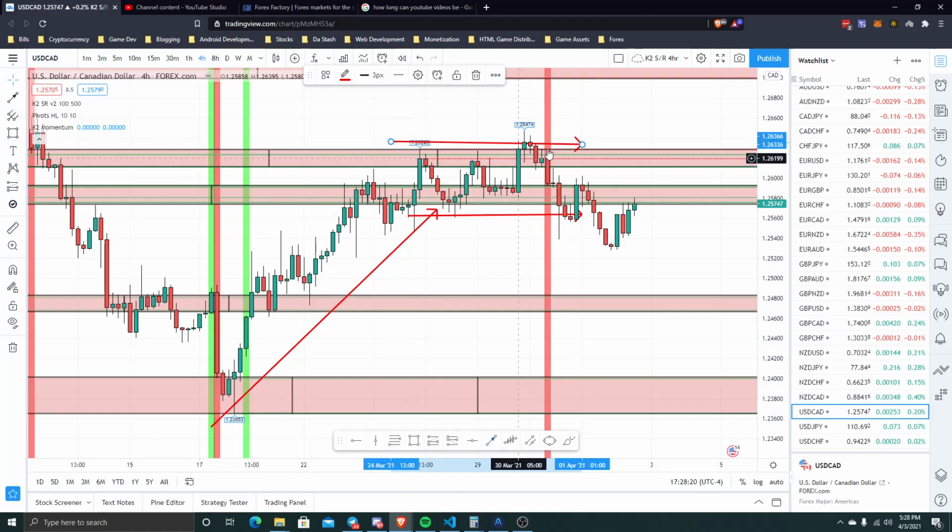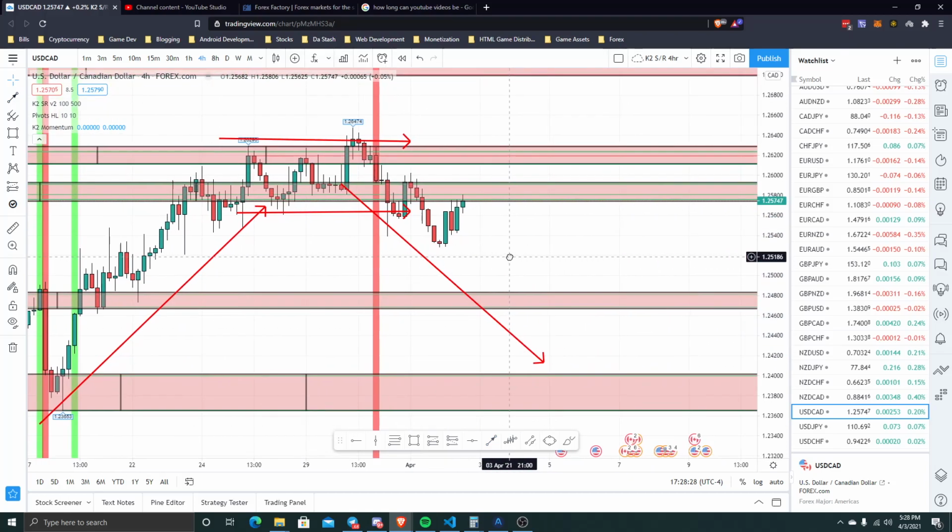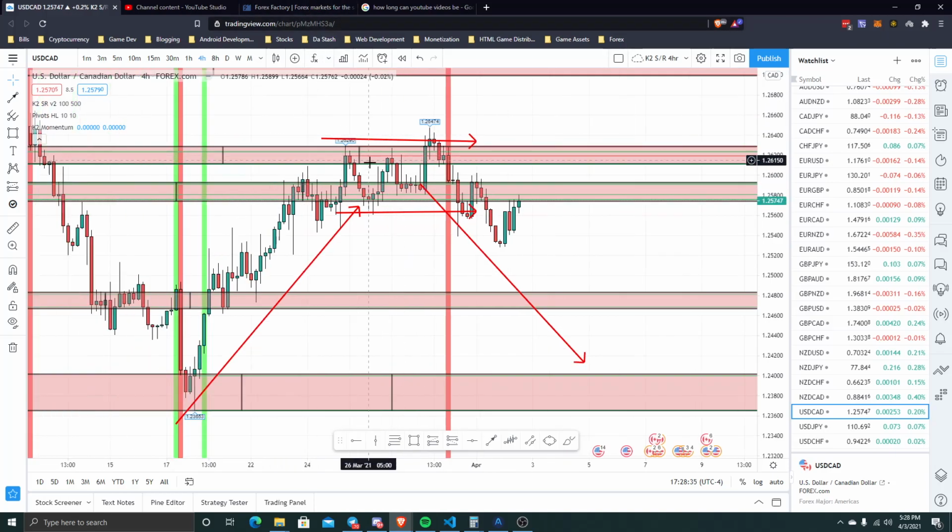But now we have this bearish bias, so price may continue to go to the downside here. But like I said, we have some major USD and CAD news, so we just have to wait and see what this news does to this pair this week.